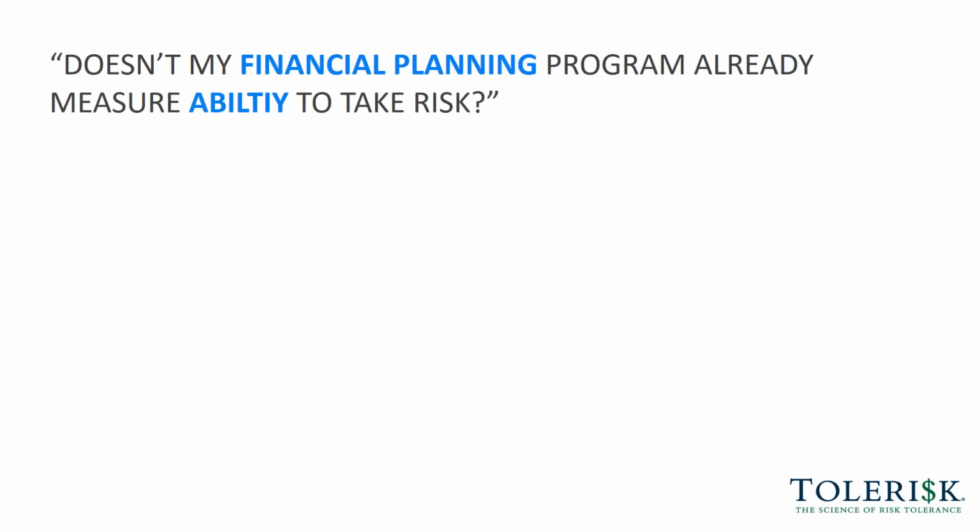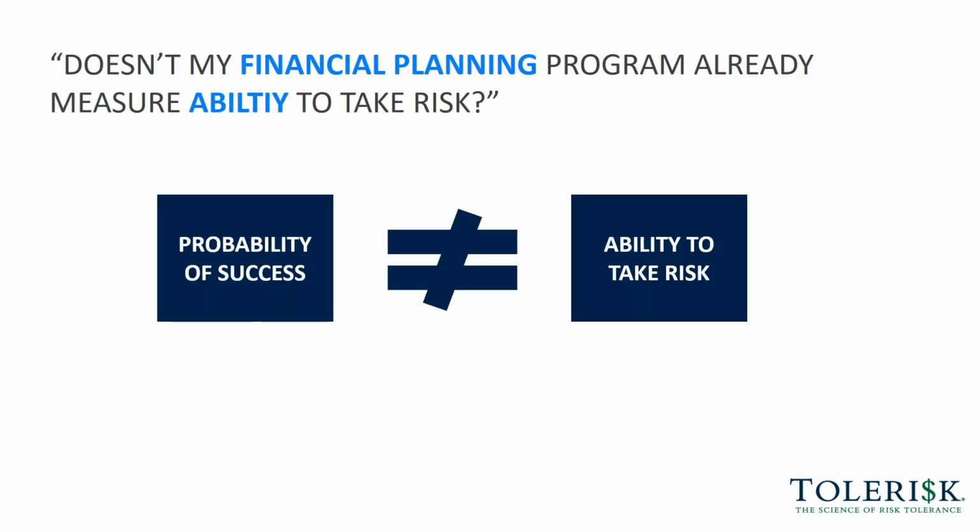Okay, here's another really important concept. We do routinely hear from and see advisors that have the misconception that when they conduct their financial planning exercise and they measure that client's probability of success, that is also the same as measuring the client's ability or capacity to take risk. Ability and capacity really used interchangeably.